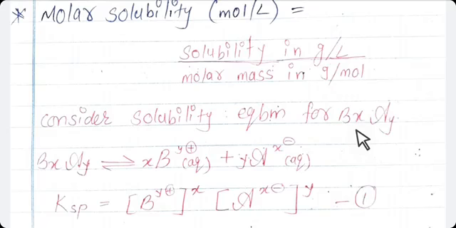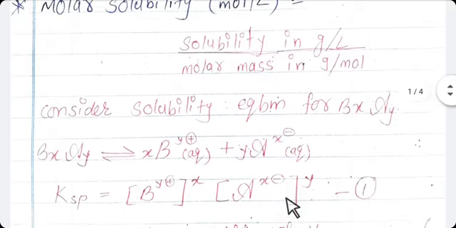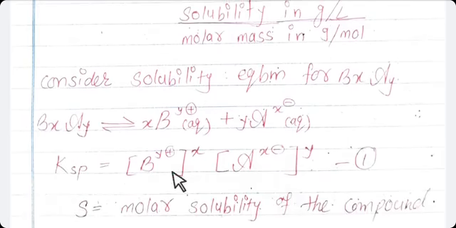Consider the solubility equilibrium for BxAy. This BxAy in the solid state, when it dissolves in water, dissociates and produces ions xBy+ aqueous plus yAx- aqueous. When we write the formula for this reaction, solubility product Ksp is equal to concentration of By+ raised to x, Ax- raised to y.